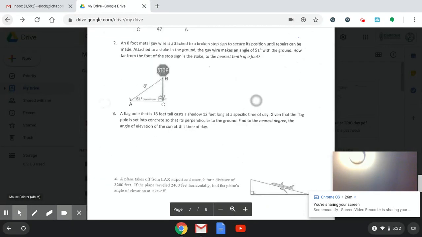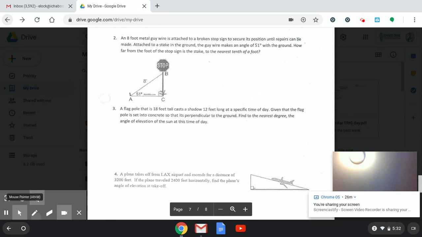Looking at number 3, if I help you quickly with a picture, we're talking about the flagpole is 18 feet tall. Remember, a flagpole should be perpendicular to the ground. At a specific time of day, given the flagpole is set in concrete, that's perpendicular to the ground. Find to the nearest degree the angle of elevation.